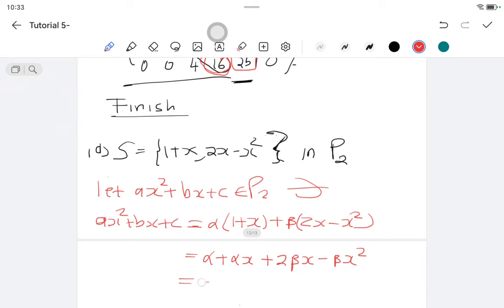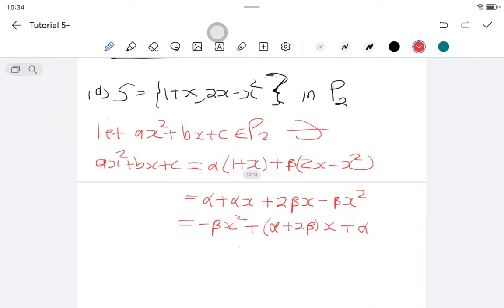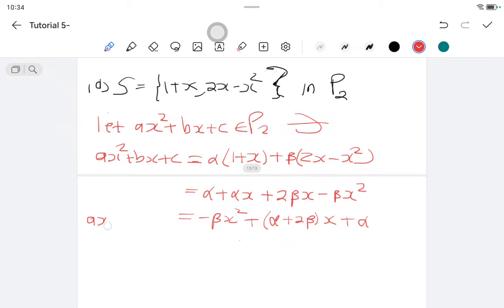We have minus beta x squared plus alpha plus 2 beta x plus alpha. And then here it will be ax squared plus bx plus c.